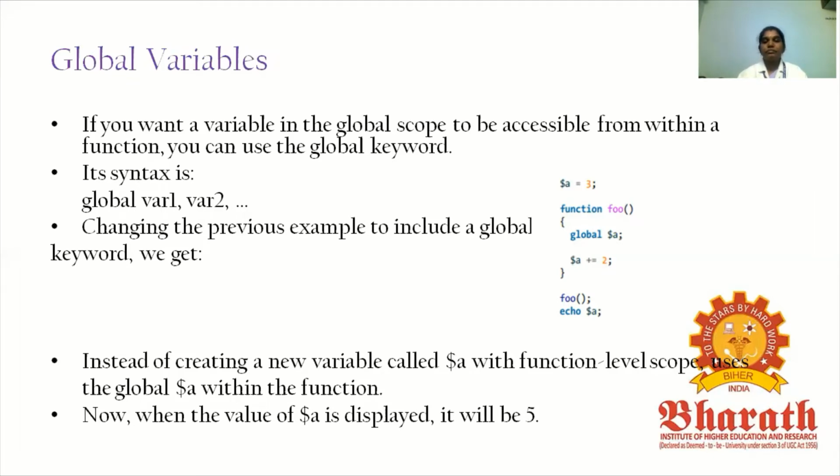Then $A += 2, which means A is a global variable and 2 is added, so it displays the value 5. Instead of creating a variable called $A with function level scope, global $A is used within the function. The value of A is 5.